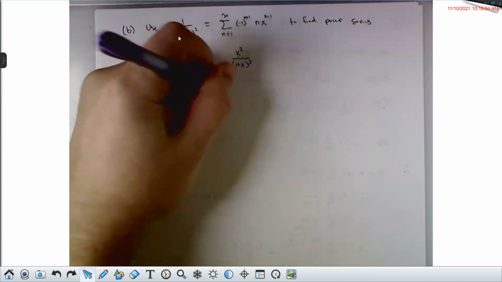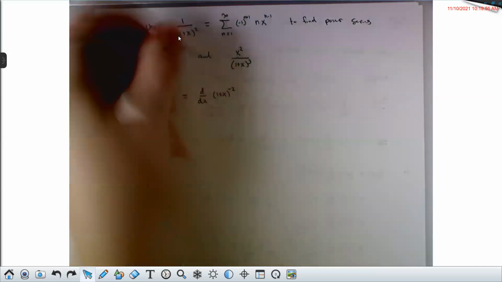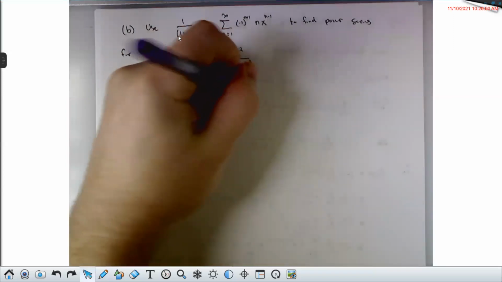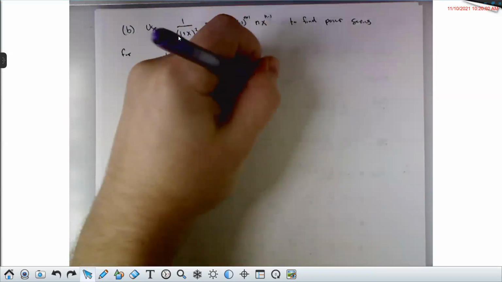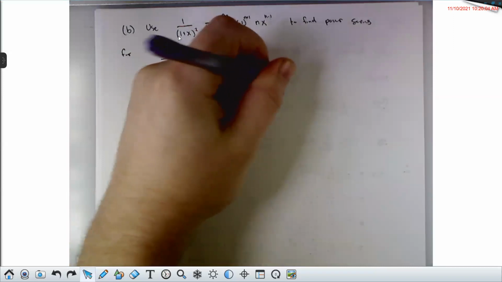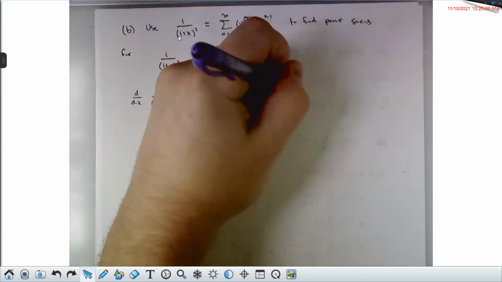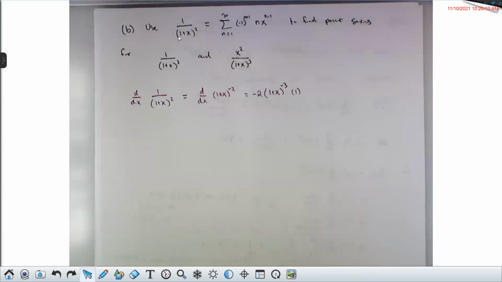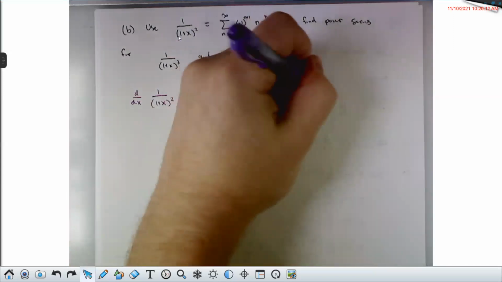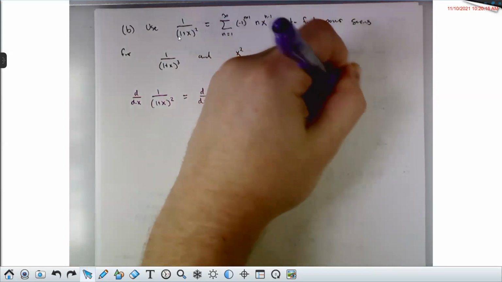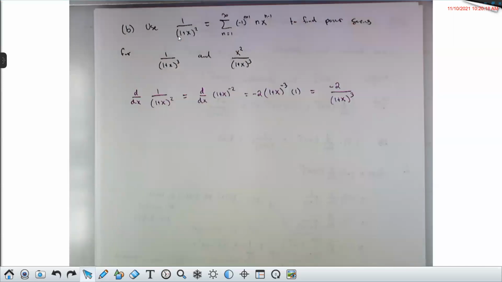That's 1 plus x to the negative 2 that we're differentiating, is negative 2 times 1 plus x to the negative 3, applying the power rule. And then by the chain rule, we multiply by the derivative of the inside, which is just 1. So that's negative 2 over 1 plus x all cubed.